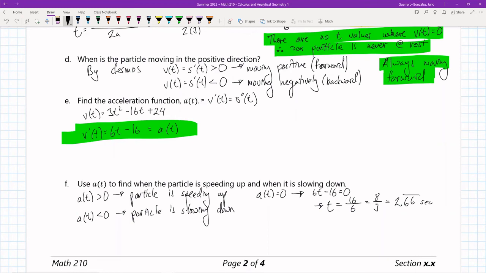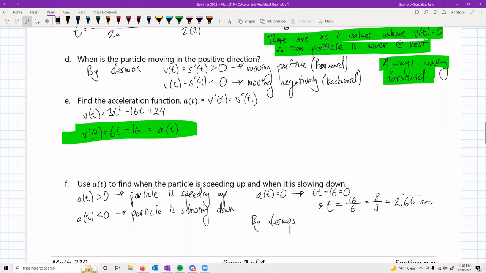We found an important point, 2.6 seconds, where it's not speeding up or slowing down. So what happens on either side of it? I'm going to do this again by Desmos. We know what the special point is, that's the 2.6.